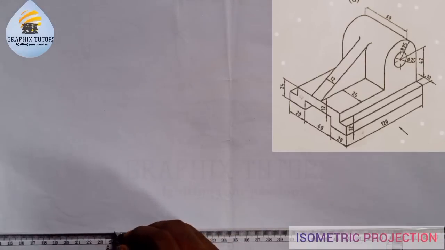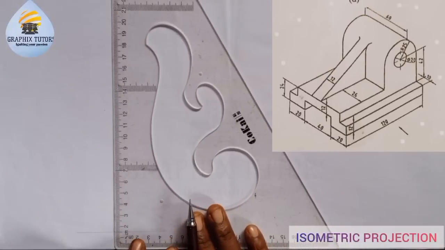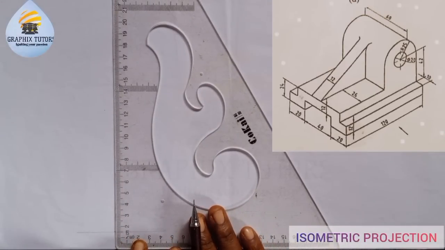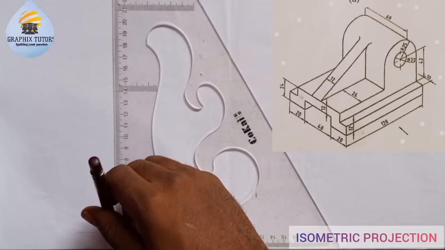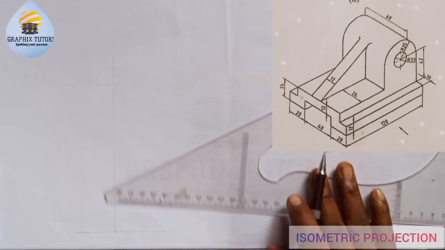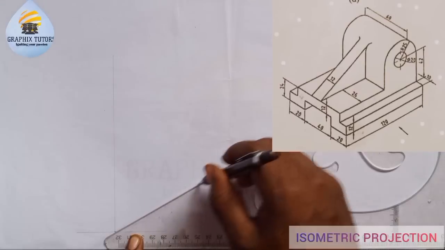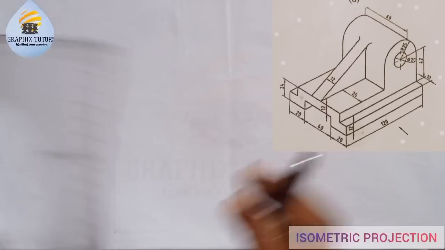I'll draw my y-axis, the vertical line. All good. And I'll also draw the x-axis and the z-axis.